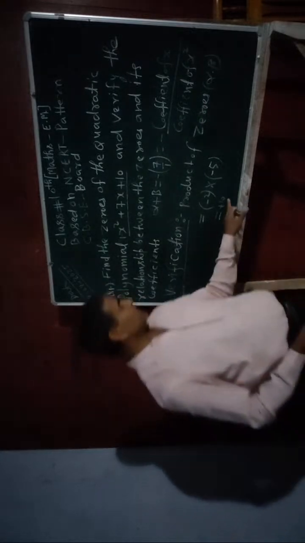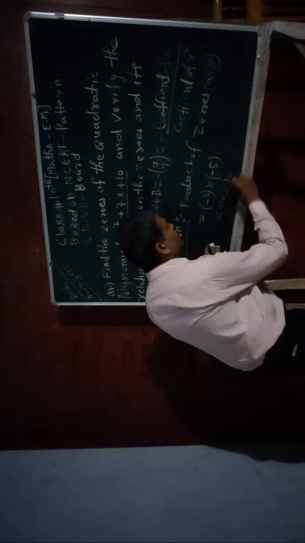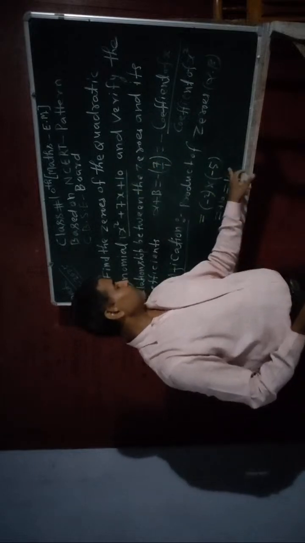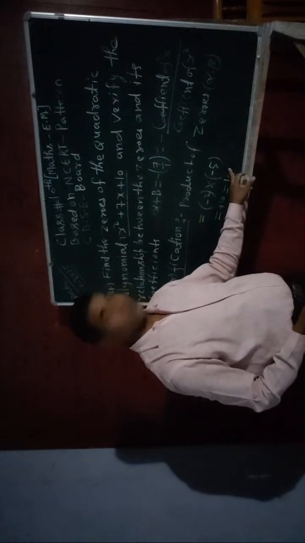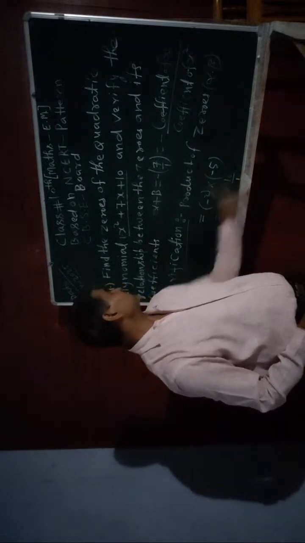In other words, in the place of 10 I can write 10 divided by 1, and 10 is the constant term in the given polynomial. So in the place of 10 I will write the constant term, and in the place of 1, the coefficient of x square.